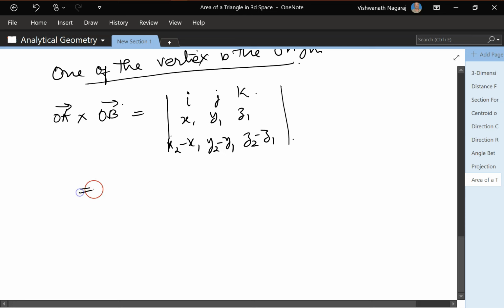So now find the determinant. So what do we have?